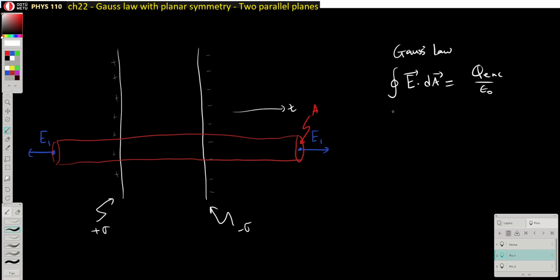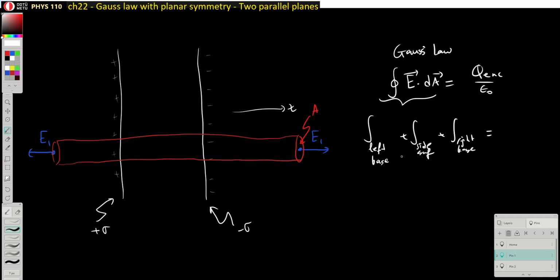So if I apply it like that, I again divide this surface integral into these three parts. An integral over the left base, so this integration is not going to change, a side surface, and a right base.